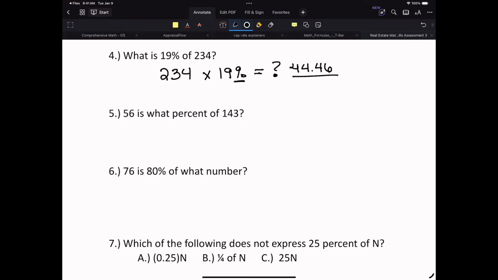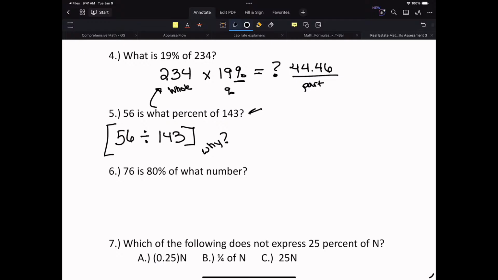Well, this one says 56 is what percentage of 143? Some of you all just look at this and you know how to do it. And the way you would do this, the answer literally is 56 divided by 143. That's how you find it. But the question is, why? And it relates to up here. Up here, we had a whole. We multiplied it by the percent, and then we got a portion or a part of that number.